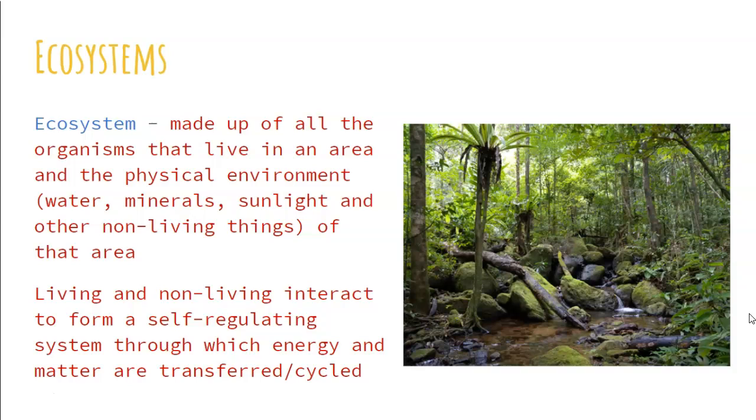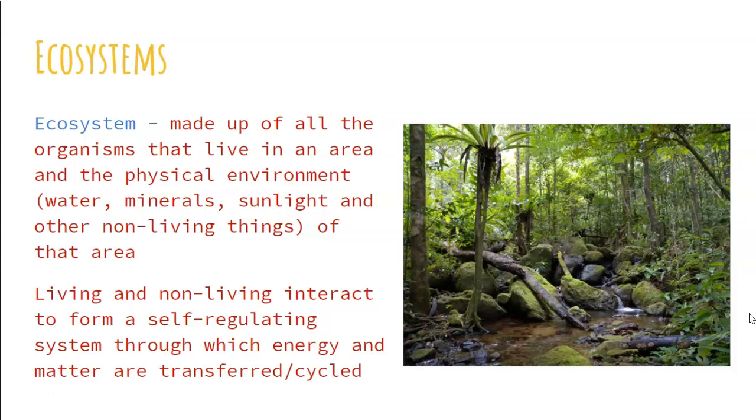What do I mean by that? If you know the laws of thermodynamics, the first law states that energy cannot be created nor destroyed, only transferred, and that most energy is lost to heat. So we talk about energy moving through the ecosystem, because we can't create it or destroy it, we just transfer it.